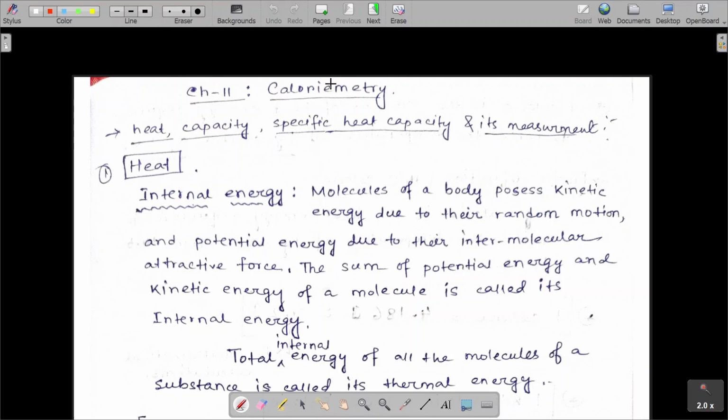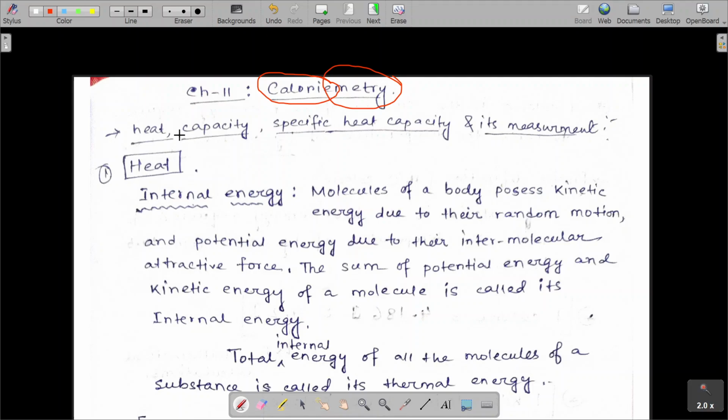From the word calorie we can understand it's a term related to heat, because we measure heat in calories. And the word metry means measurement. So ultimately, the measurement of quantity of heat energy is known as calorimetry.